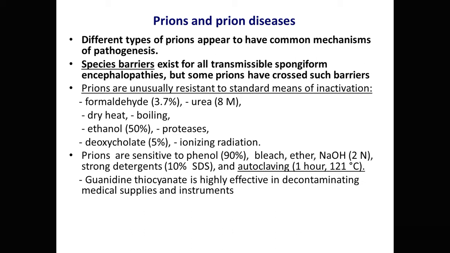Prions are very resistant to different means of inactivation. They're not killed by boiling, they're not killed by disinfectants like formaldehyde, ethanol, ionizing radiation, deoxycholate. They're not destroyed by proteases, but prions can be sensitive to strong sterilizing agents like phenol, bleach, ether, strong detergents, and autoclaving.